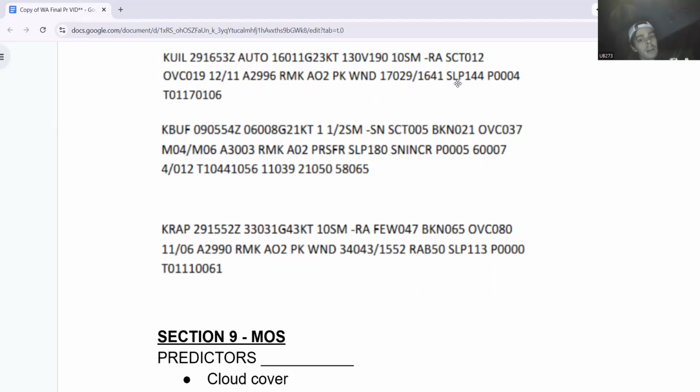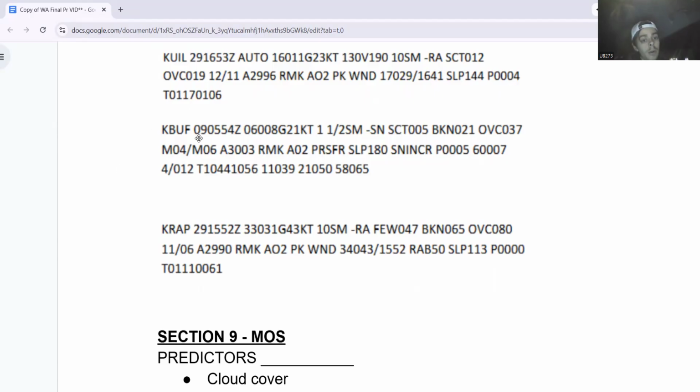Sea level pressure, this time it's telling us SLP144. You can say it's 1014.4. Remember, you can add a 9 or a 10 to the beginning. P0004 is the 1 hour precipitation in hundredths of inches, so only 4 hundredths of an inch of rain.